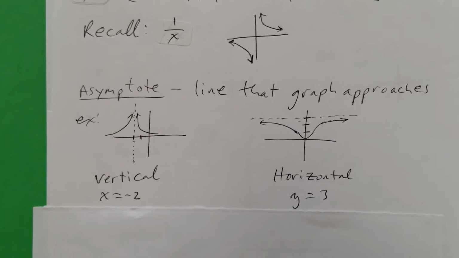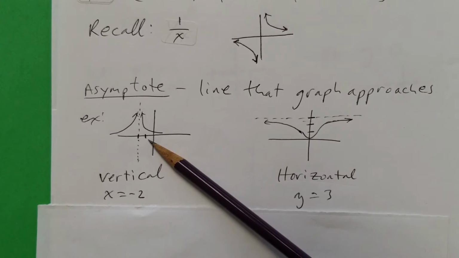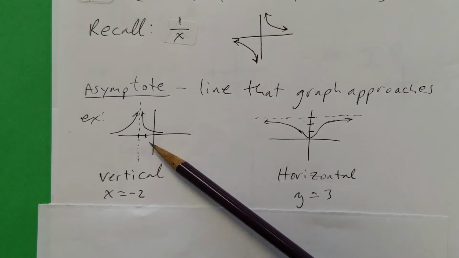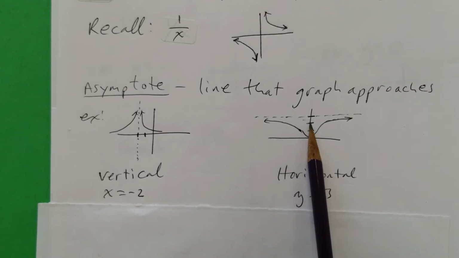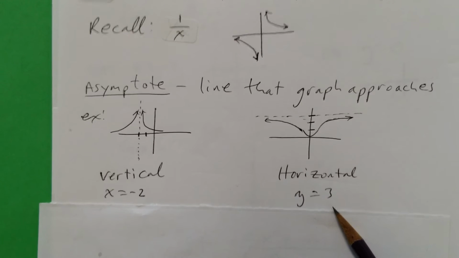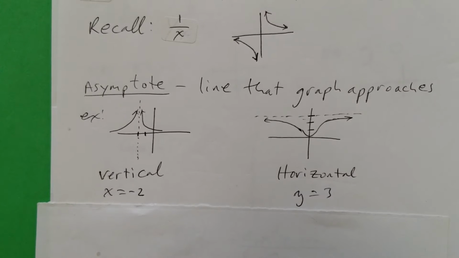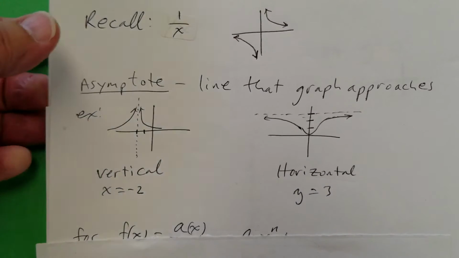So we say, for this graph, the vertical asymptote is -2. The horizontal asymptote here, going across, is at y equals 3. The horizontal asymptote is at y equals 3. Okay? Kind of have an idea of an asymptote is a line that the graph approaches but does not reach.